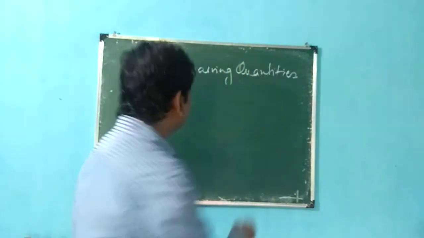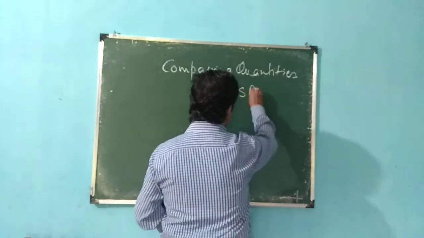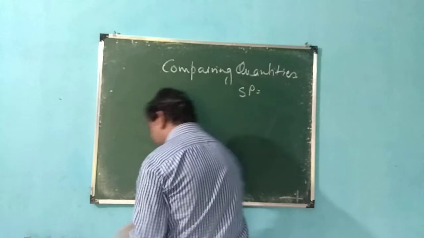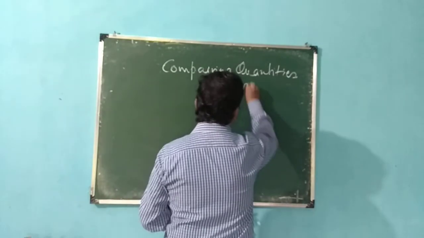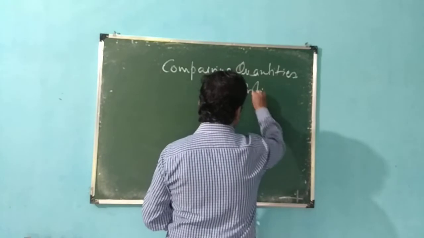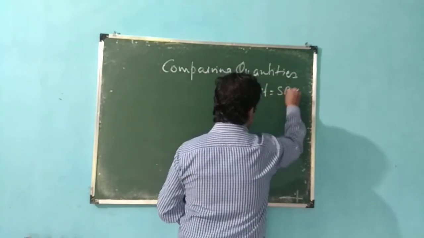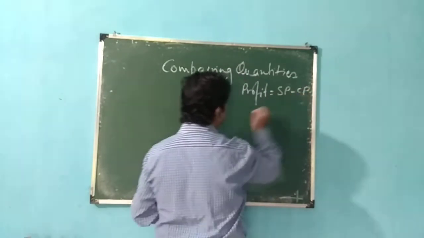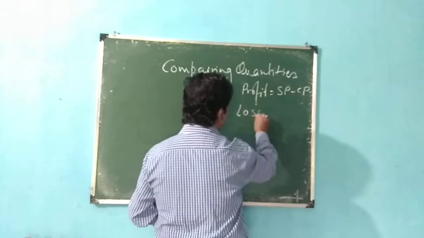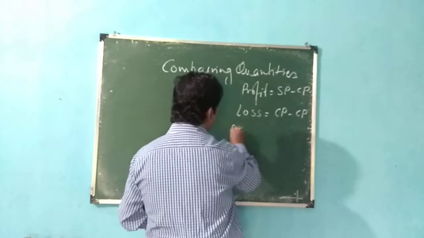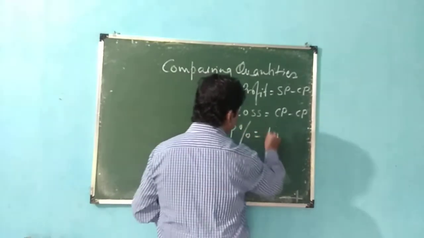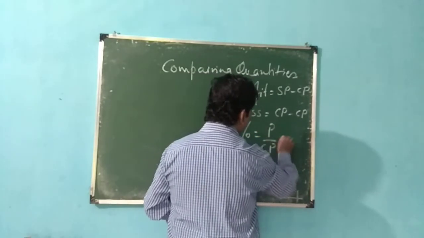Remember this. Profit means SP minus CP, and loss means CP minus SP. If it is profit percent, it means profit by CP into 100%.